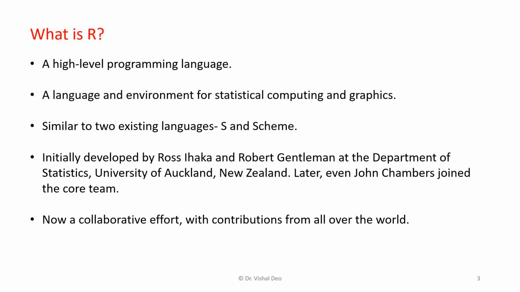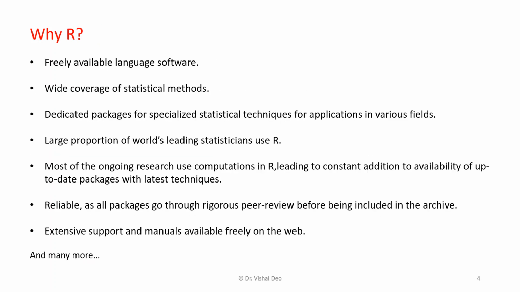We should also understand why R is important, why so many statisticians across the world are using R, and why it can be helpful to us as well. First of all, it is freely available software, and there are other prominent statistical packages like SAS and SPSS, but they are very expensive, and individuals cannot afford them.